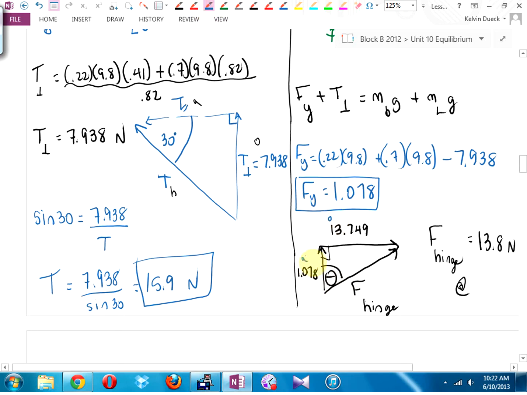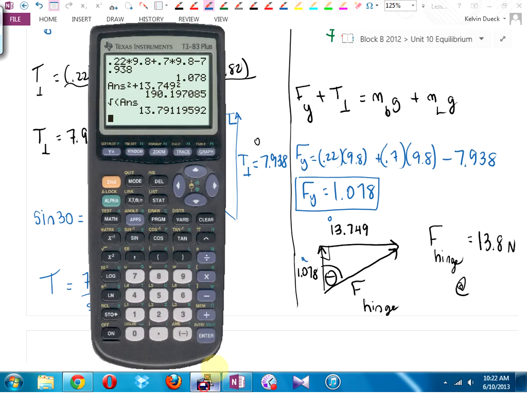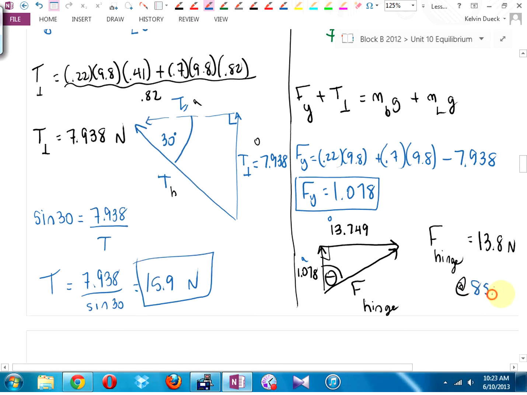Opposite, adjacent. Shift tan of 13.749 divided by 1.078. I'm running out of room to show all my work. You get an angle of 85.5 degrees off of the wall. I don't know how we would quite write that. To the right of the wall. To the right of vertical.